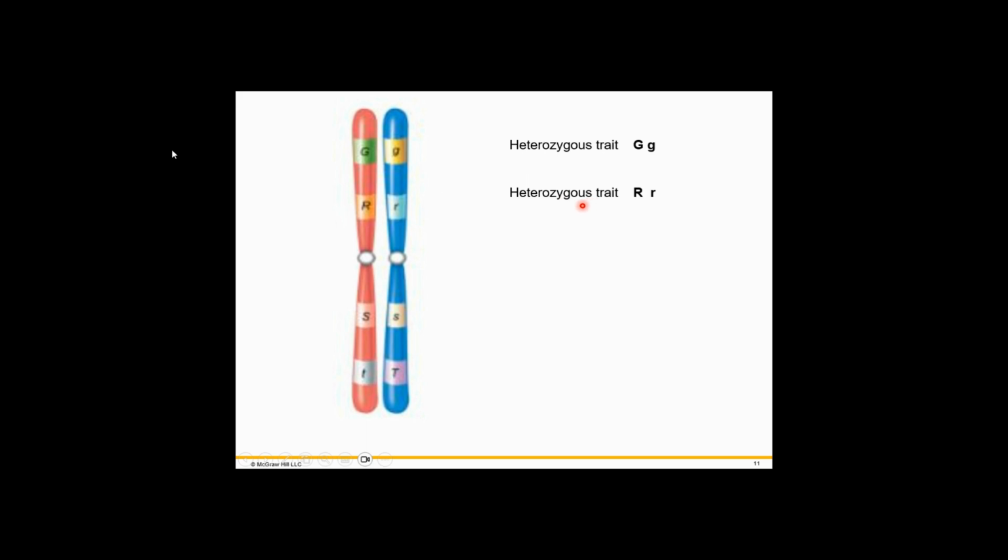Again, that's a heterozygous trait. Again, we have another heterozygous, a capital S, lowercase s. And this one, we have another heterozygous, even though the recessive is being shown first. So this individual is heterozygous for all traits on this chromosome.